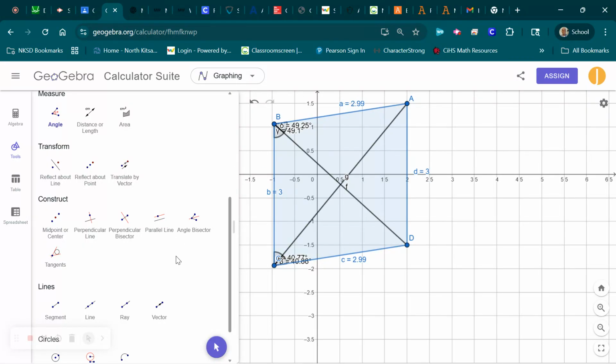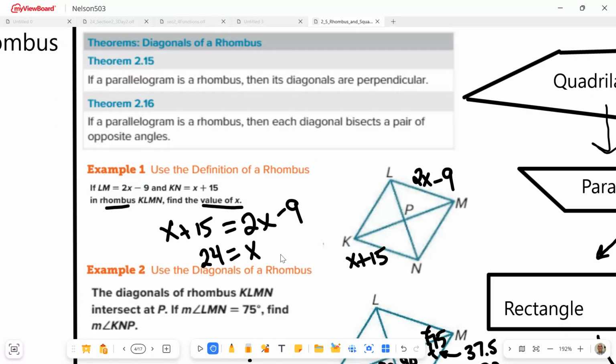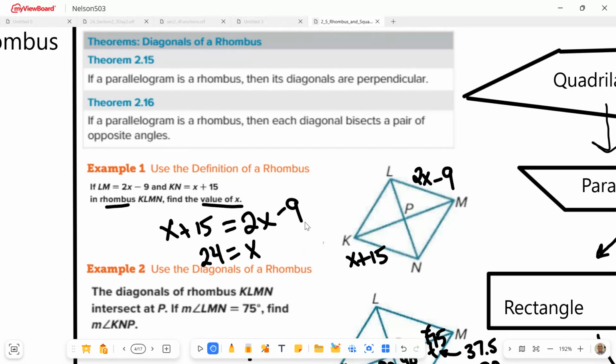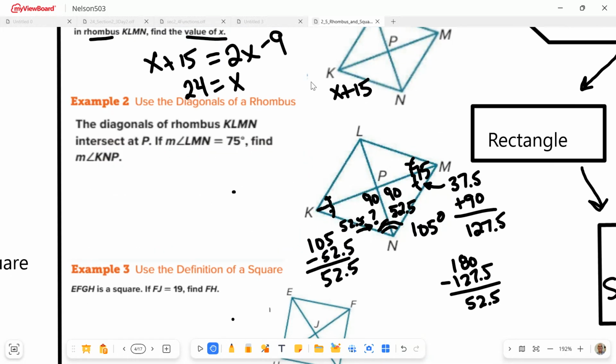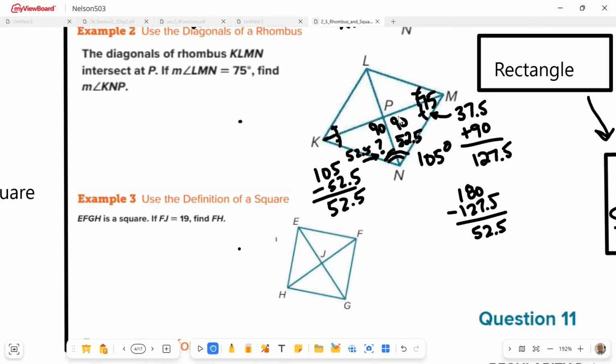You know what? When they say the diagonal bisects the angles, it means both pairs of angles, right? You see that? So each diagonal bisects a pair of opposite angles. So right down here in that problem, we're getting a better understanding of that theorem when we say, oh, look, there's definitely a 90-degree angle here.